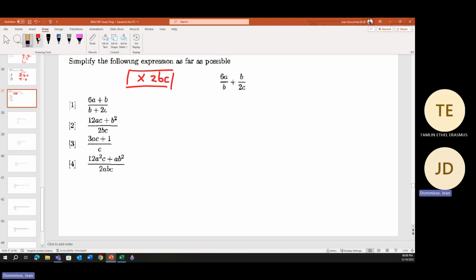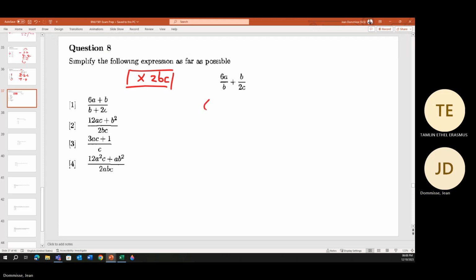So what we're going to do is say 6a over b times 2c over 2c. So that we're doing with that one. So we're multiplying with 1, so that is fine.